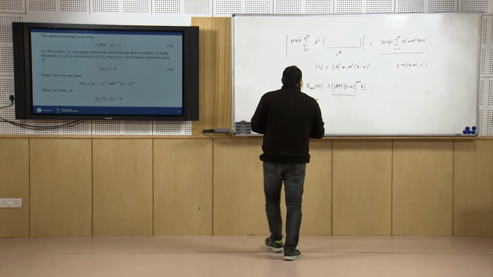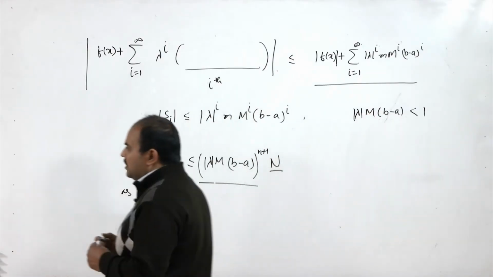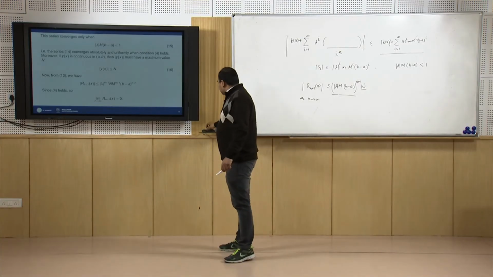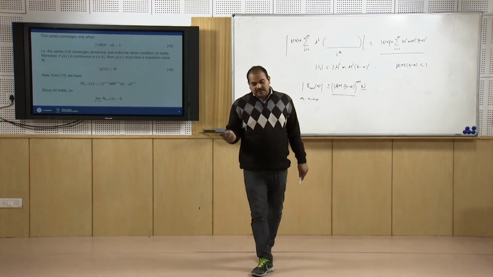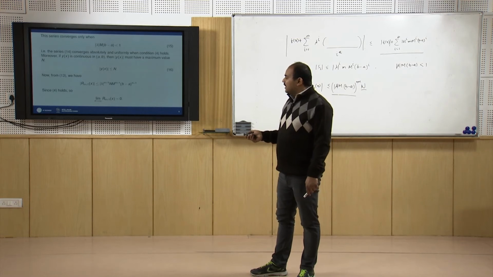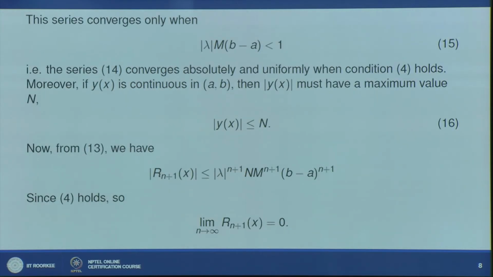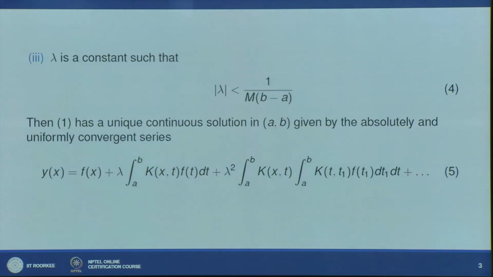Okay. So we can say that this series is convergent, and your solution y of x is given by this infinite series, provided that the constant lambda which we have taken satisfies the condition.